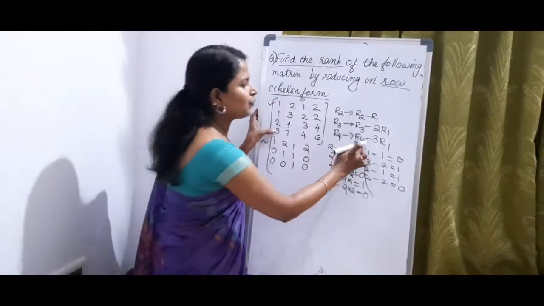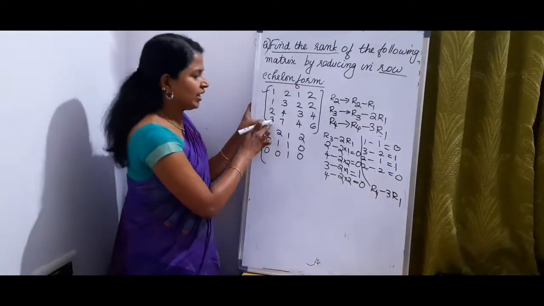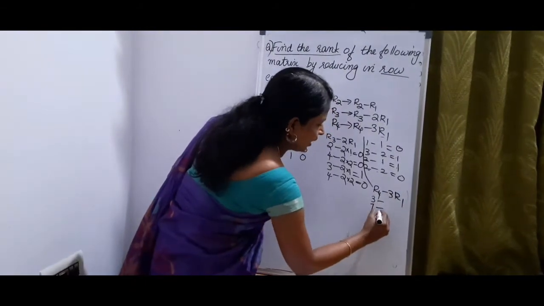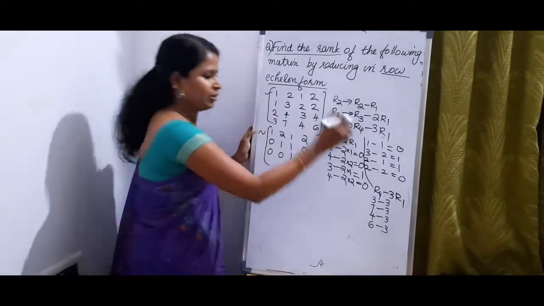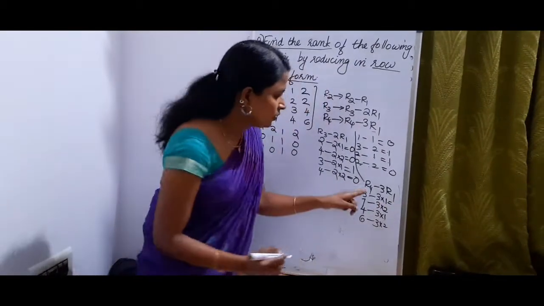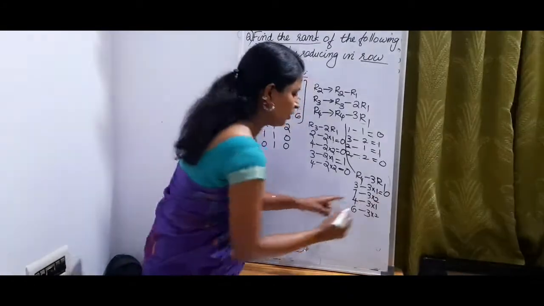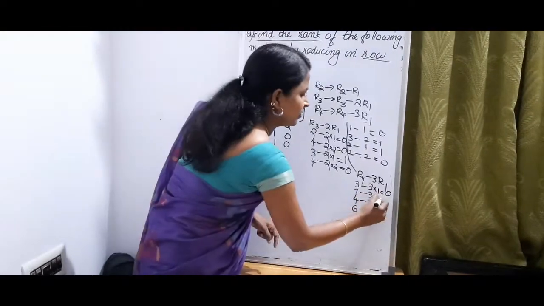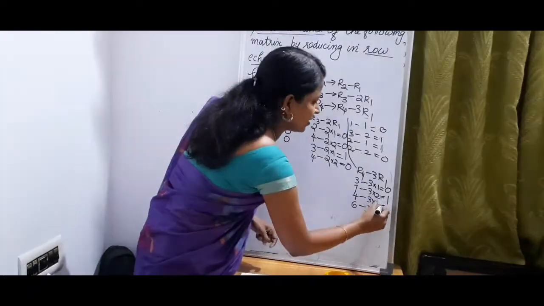Last one, R4 minus 3 R1. R4 is 3, 7, 4, 6 minus 3 R1, 1, 2, 1, 2. 3 minus 3 into 1 is 3 minus 3, 0. 7 minus 3 into 2, 6, 7 minus 6, 1. 4 minus 3 into 1, 3, 4 minus 3 is 1.